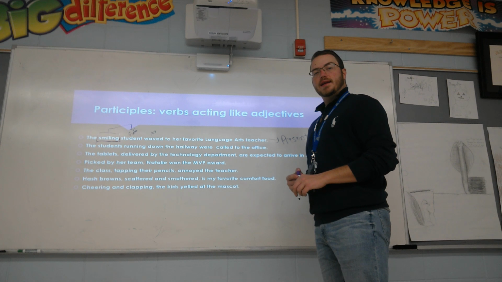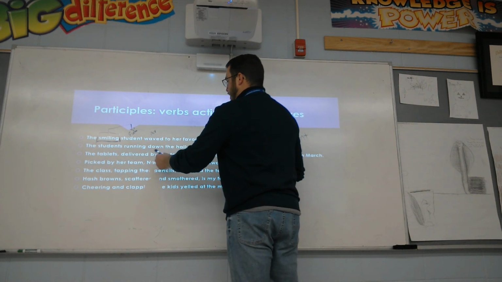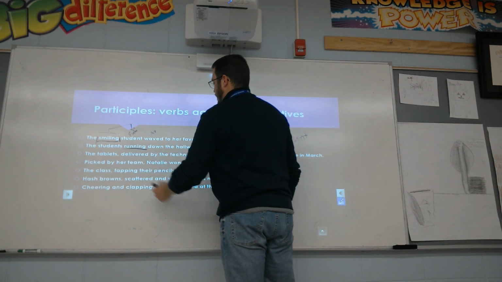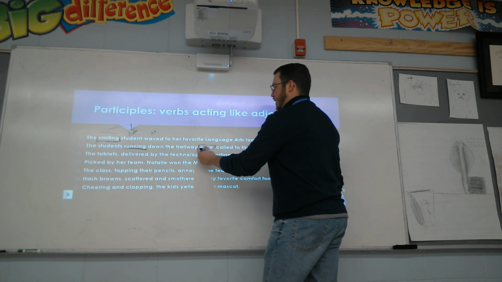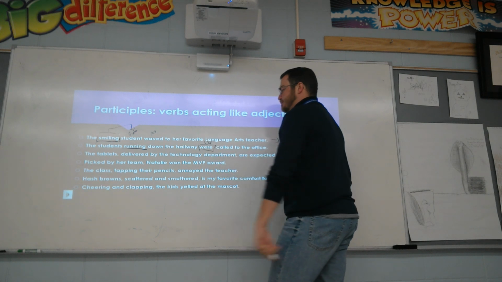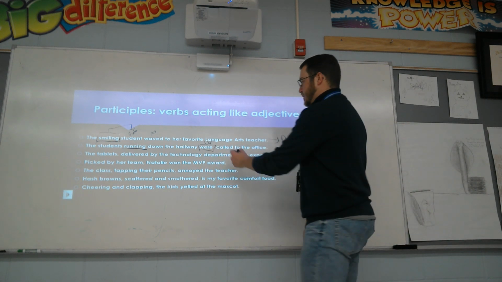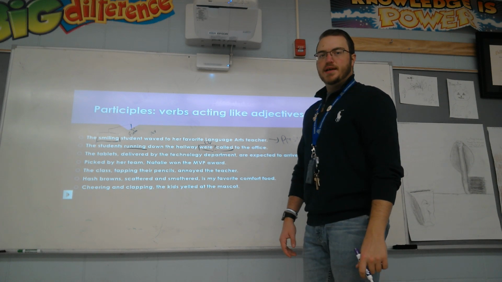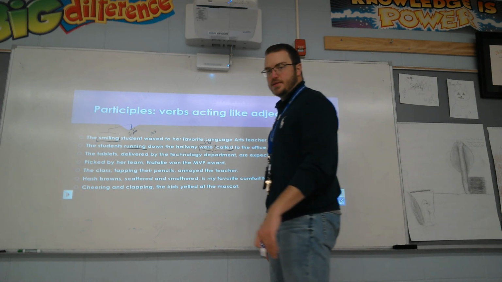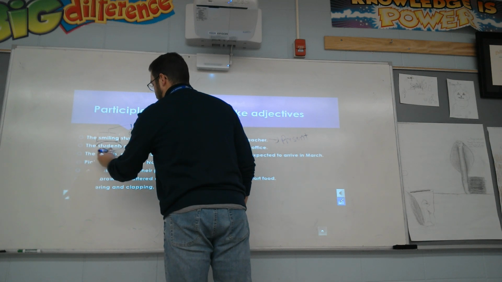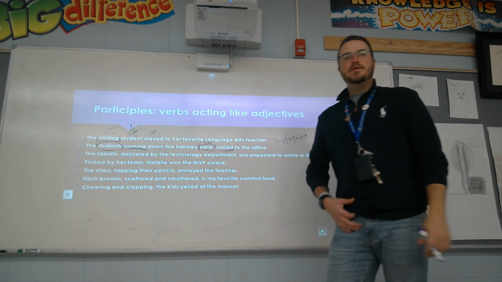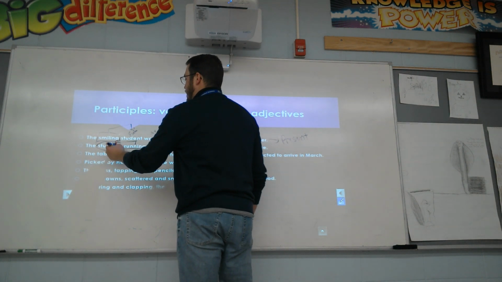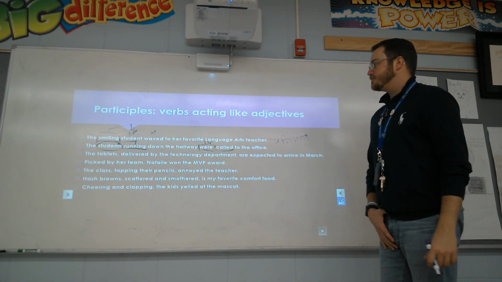Let's take it again. The students running down the hallway were called to the office. We have an ing word here. Were is the past tense of be. This is our main linking verb, and we're called here. Where's our subject again? Our subject is, once again, the students. And what were the students doing? The students were running down the hallway. We're talking about the students running.